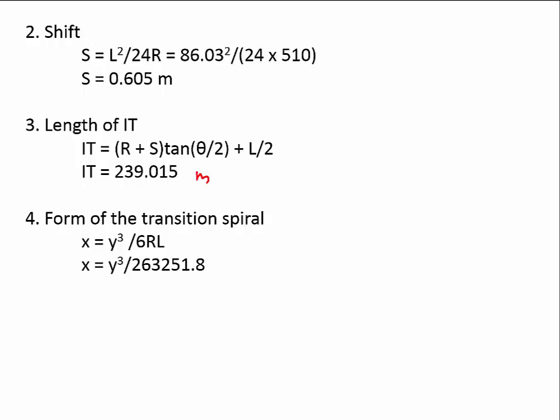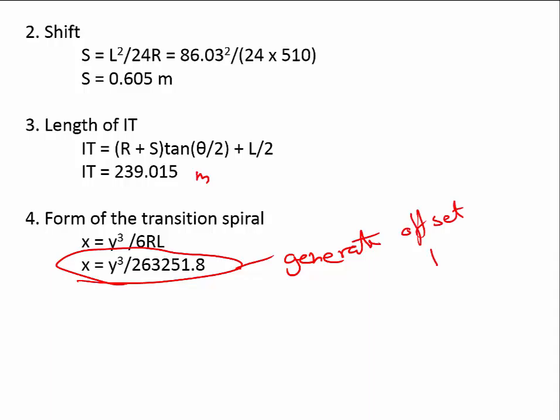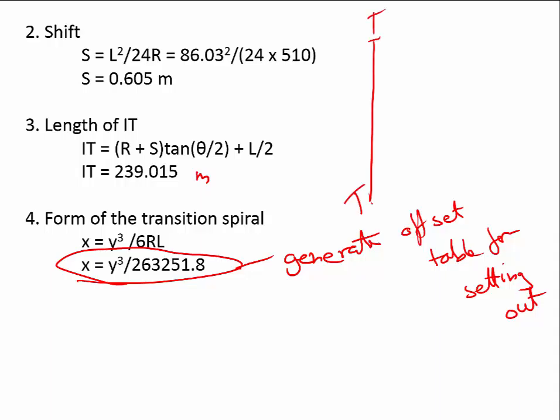So the equation is this for a cubic parabola, as long as you've got the radius and the transition curve length. Put those numbers in. This allows us to generate the offset table for setting out. Let's say this is our baseline, so we've got T going up to I, and then going off somewhere there.